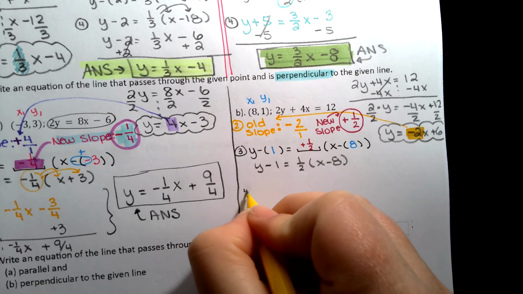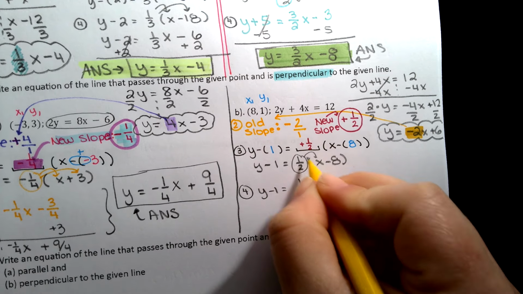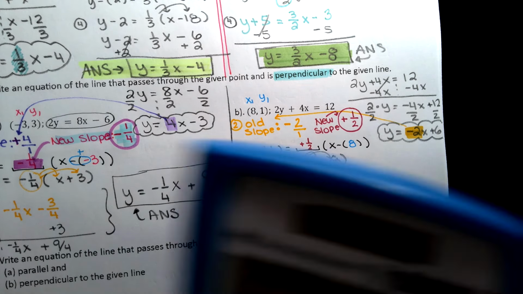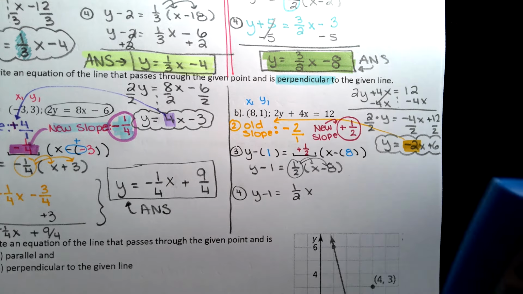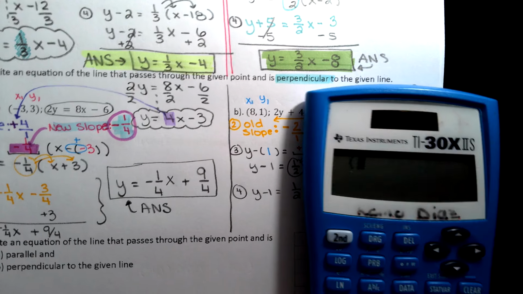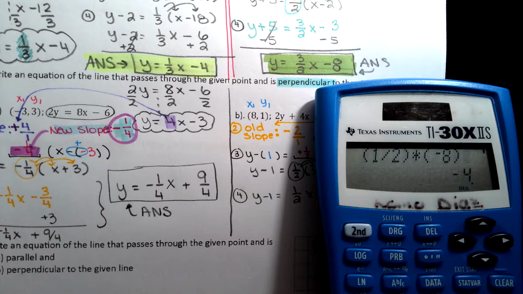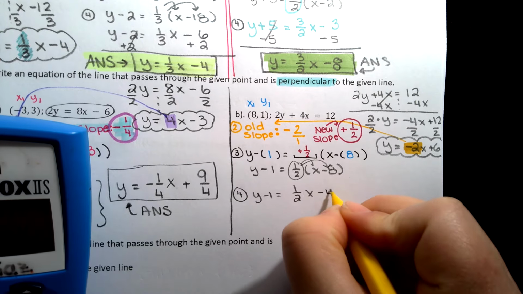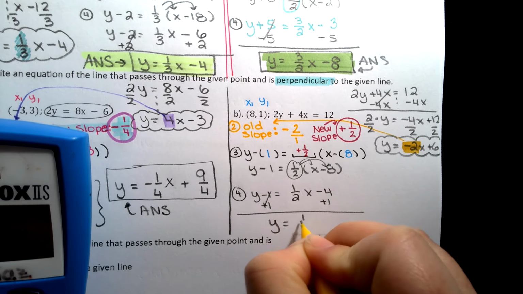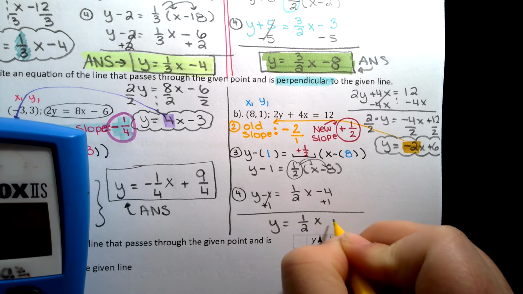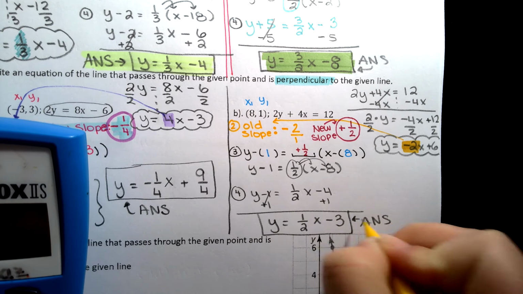We're going to continue solving, taking that 1/2 on x, and that 1/2 of negative 8. 1/2 times negative 8 is negative 4. Adding 1, adding 1. Y is then equal to positive 1/2 x minus 3 is your answer for the perpendicular line.